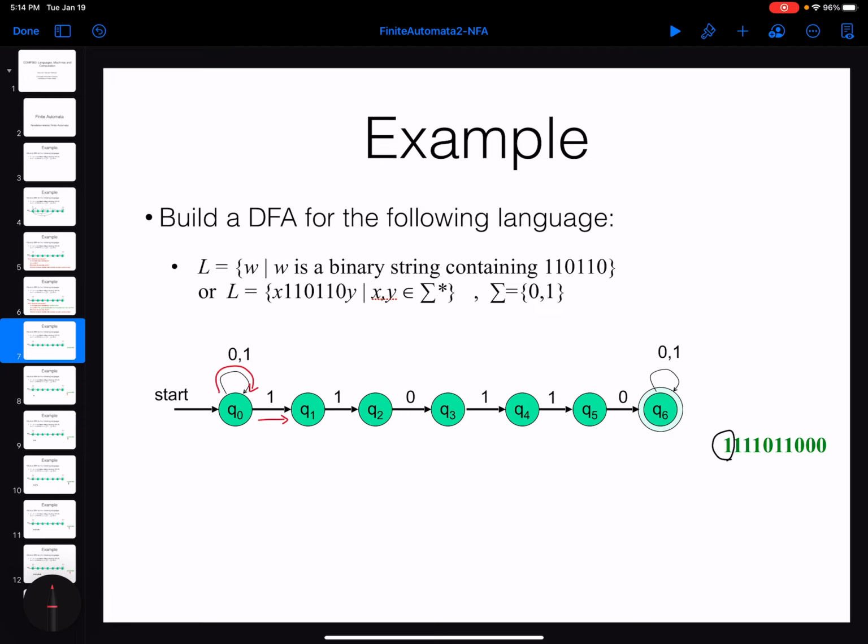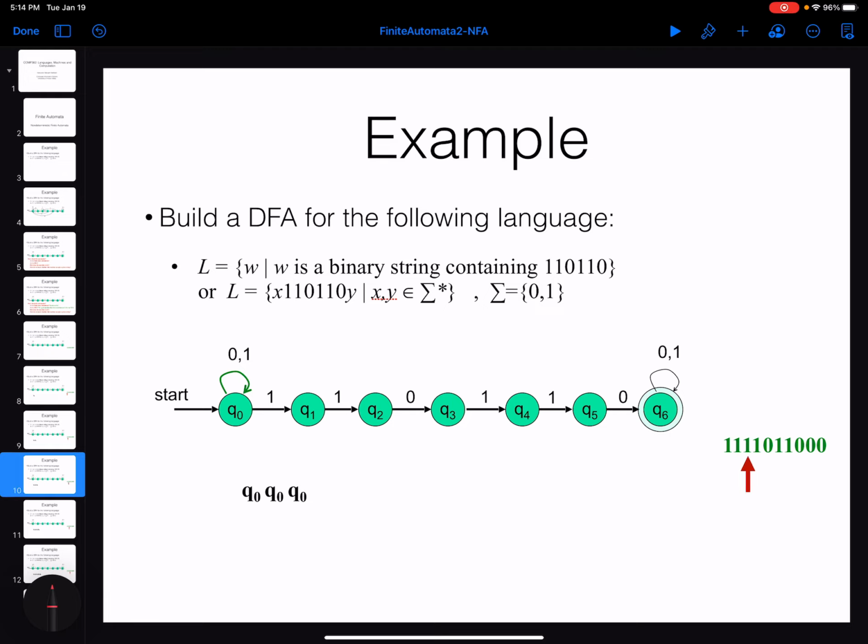Assume that I am staying at Q0 for the first symbol, following this transition and staying at Q0. For the next symbol, we still choose to stay at Q0. It is possible, right? The machine allows you to stay at Q0.